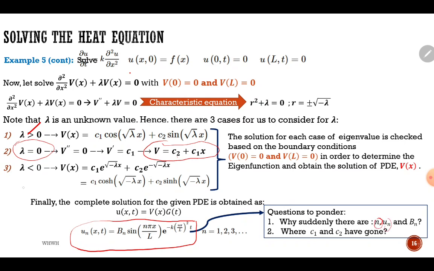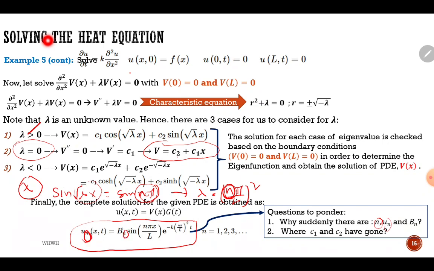Because our lambda is all starting from sin root of lambda x is equal to sin of n pi. There are so many possibilities. So we consider for the case n equals to 1, 2, 3 and so on. But here we have lambda is equal to n pi over L squared. So that's why kita ada datangnya n kat sini.